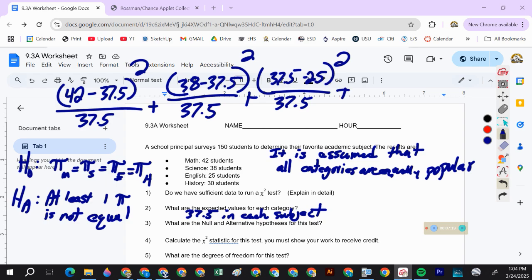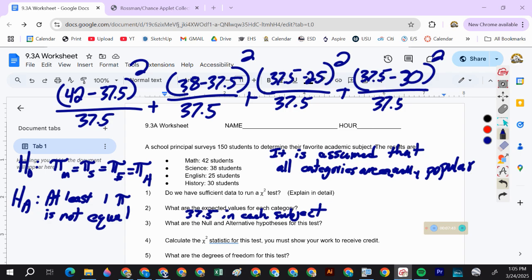And then 37.5 minus 30 over 37.5, and I'm going to square that. Okay? Yeah, not fun. So I plug that in my calculator.